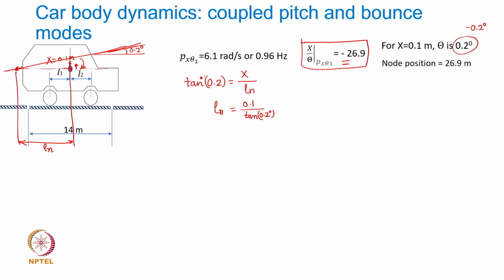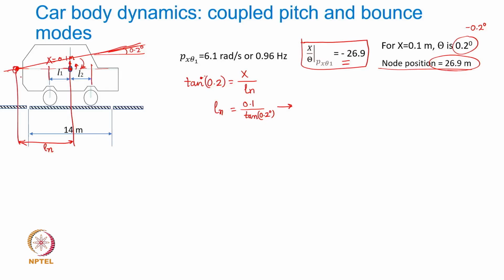So when it actually generates this kind of a coupled bounce and pitch mode, the position of the node can be obtained using this expression. You can figure this out, that it turns out to be 26.9. Now look at this distance. This distance was close to 3 meters, and 26.9 is the position of the node, right?